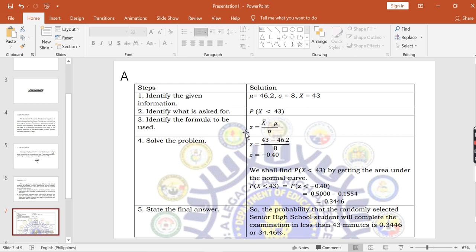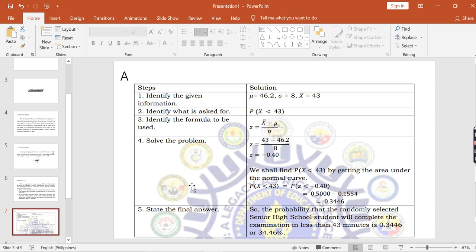It should be lower. Now, let's identify the formula to be used. We will be using Z is equal to the sample mean minus the population mean over the standard deviation of the population.